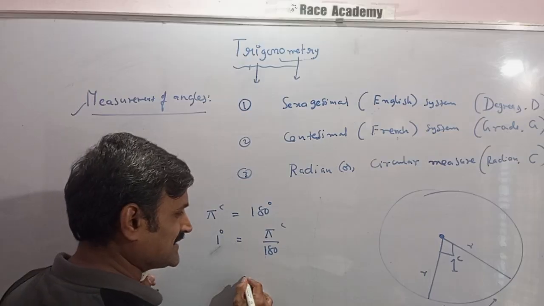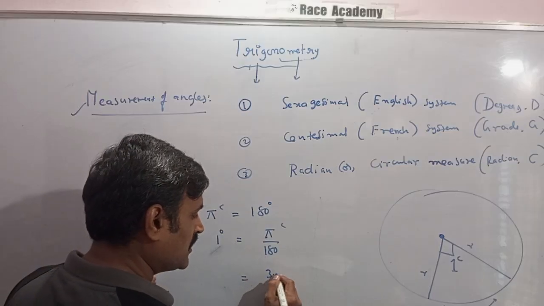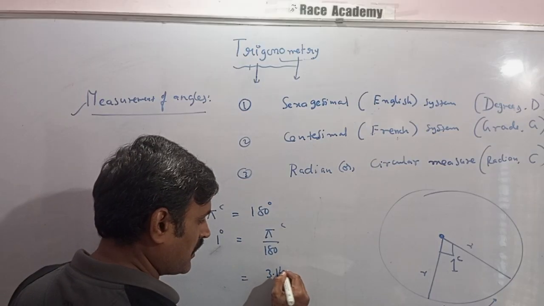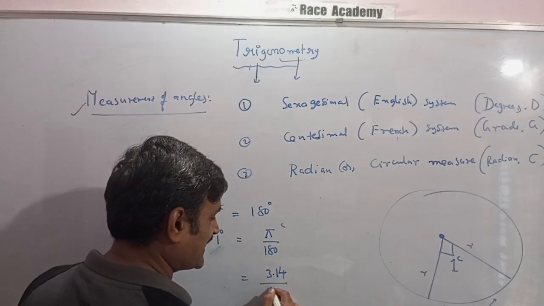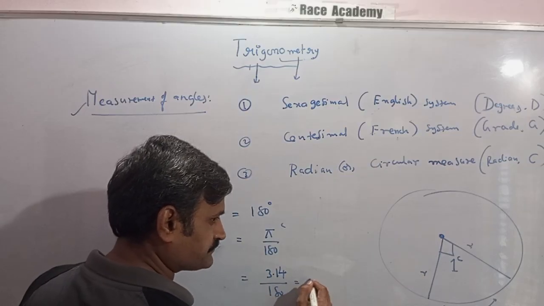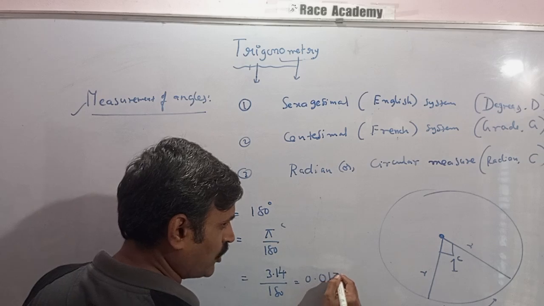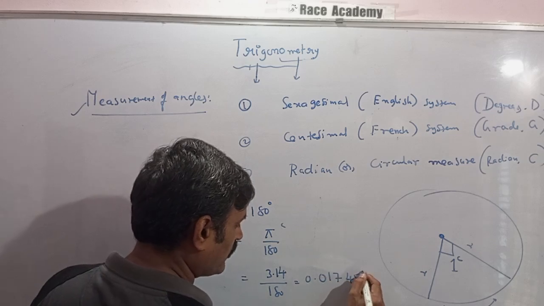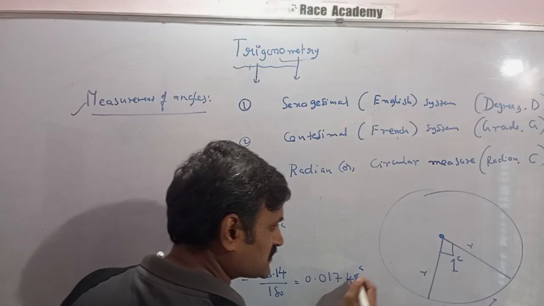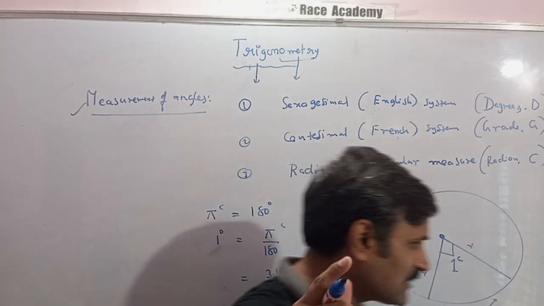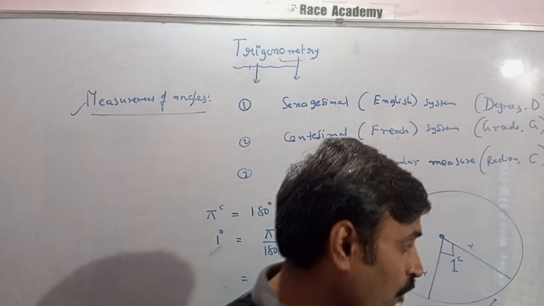If you substitute the value of pi, 22 by 7 or 3.14, divided by 180 and so on, it is 0.01745 radians approximately. So 1 degree is approximately this many radians.